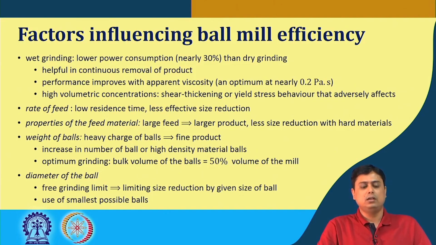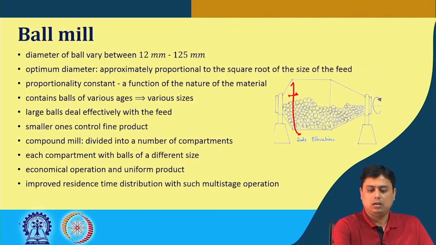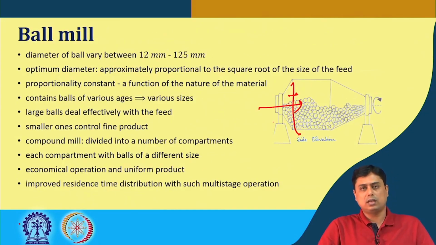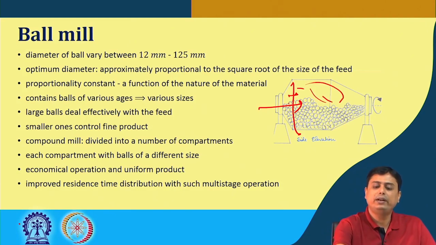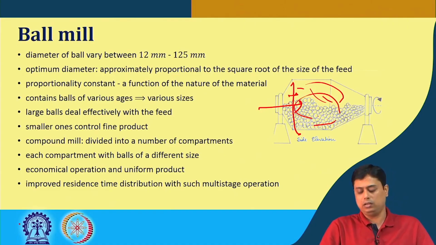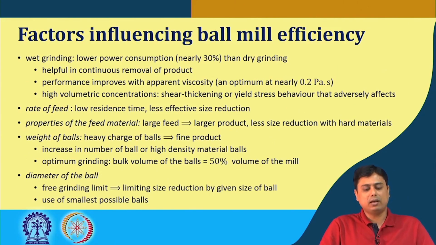Here we need some liquid phase to flow the feed in the form of a suspension. So, instead of air, in wet grinding we have, say, water as the medium, and in that case the power consumption goes down by nearly 30% for a particular operating condition for a particular system.